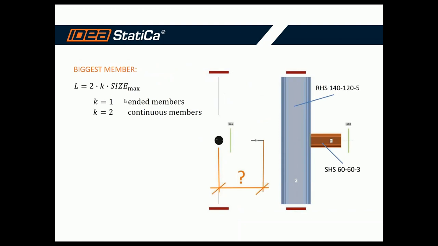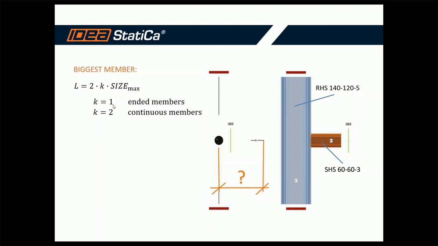There are 2 different formulas, and one is applied to the biggest member of the connection. The length of the biggest member is 2 times some coefficient k times the maximum size. What is the coefficient k?